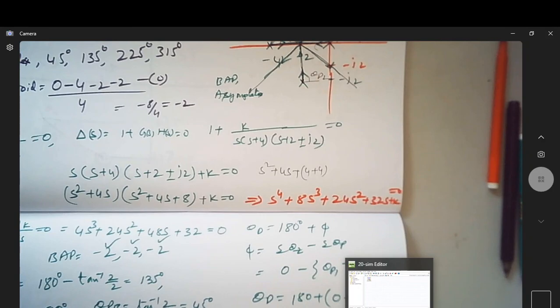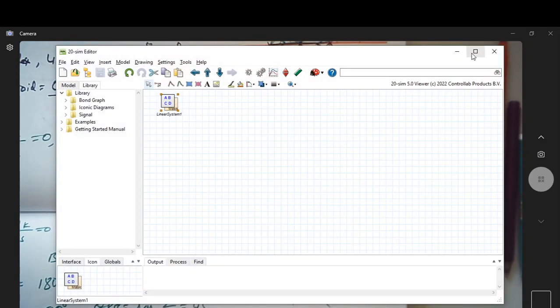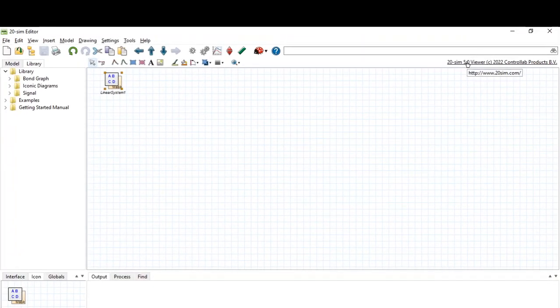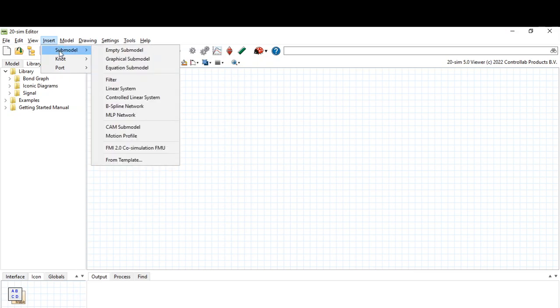This 20-sim is another tool where you are able to visualize the pole zero motion. This is a freely downloadable tool. Once you install this, click on insert, go to submodel.